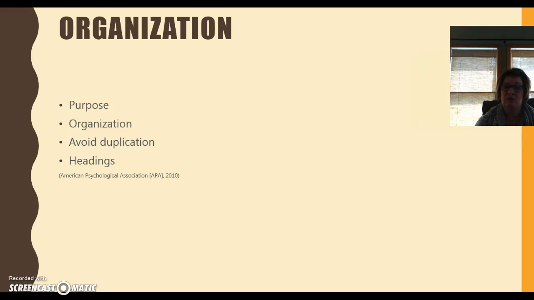You want to keep the flow of the document in an order that makes sense. And you also want to avoid duplication. So many times some of our resources actually say very similar information. What you can do is make a statement and then cite more than one resource as the source of that information.